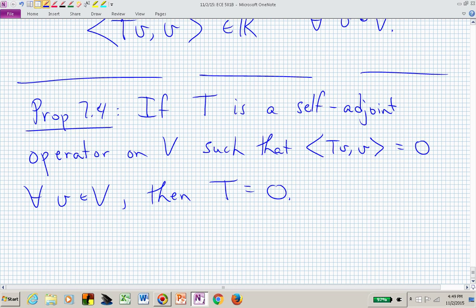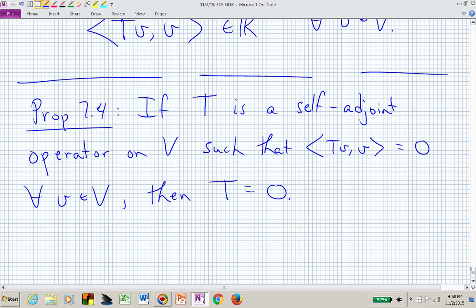Did we say anything about V in 7.4 as far as what kind of a space it is? We know it's an inner product space because we're using an inner product in the statement of the proposition. But we didn't say that it was complex. Now it could be real.